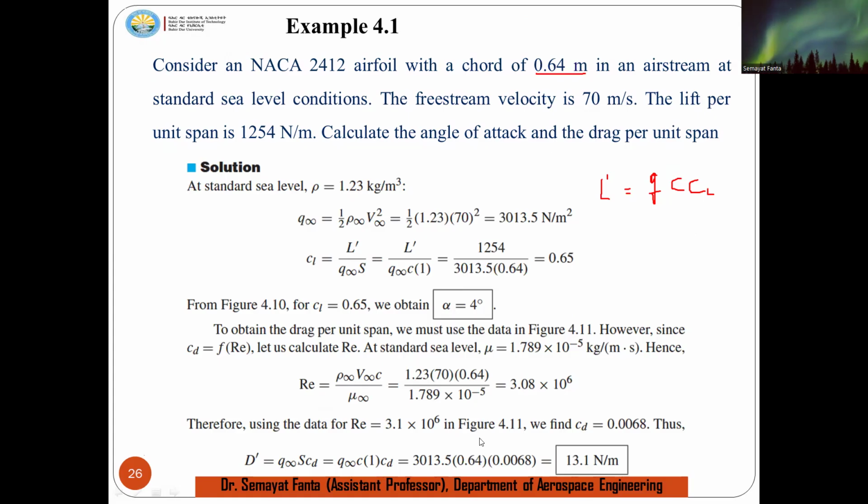Simply taking S as 1, we have 13.1 Newton per meter. That is the drag force per unit length. So even we can now calculate the CL to CD ratio. That is one of the important parameters.